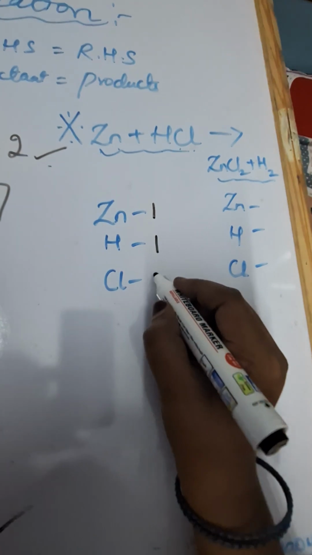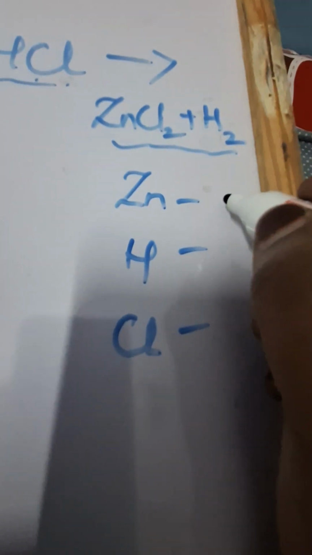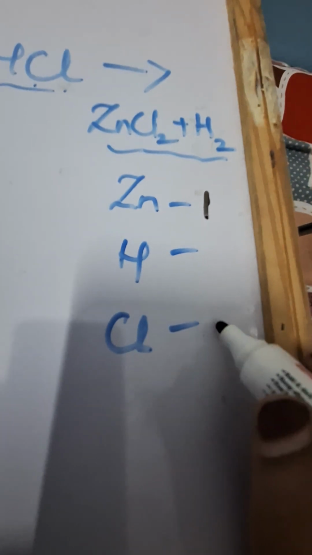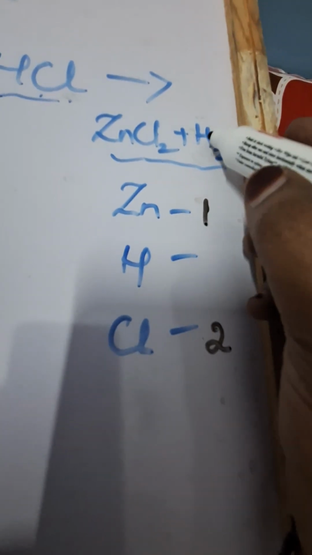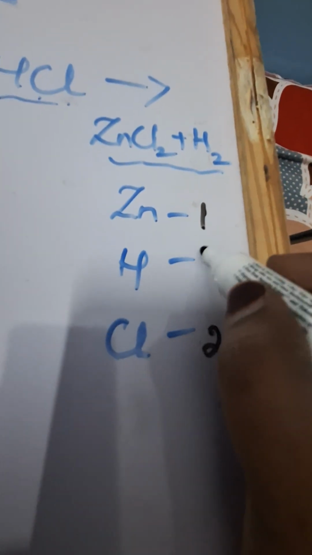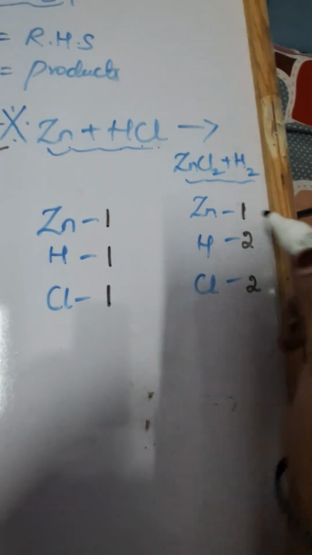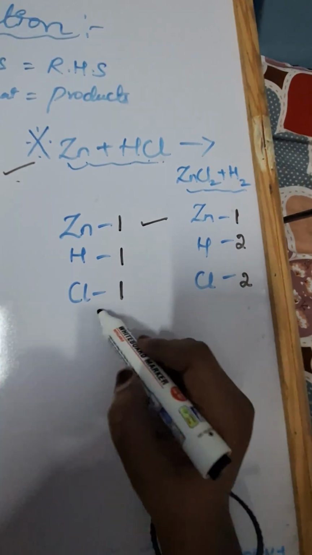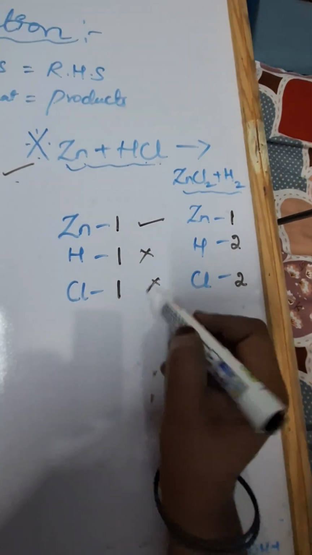How many Cl? 1. Now moving on to the product side. Zn, how many? 1. Cl, 2. Hydrogen, 2. Now as you can see, zinc is balanced, whereas hydrogen and chlorine are not balanced.